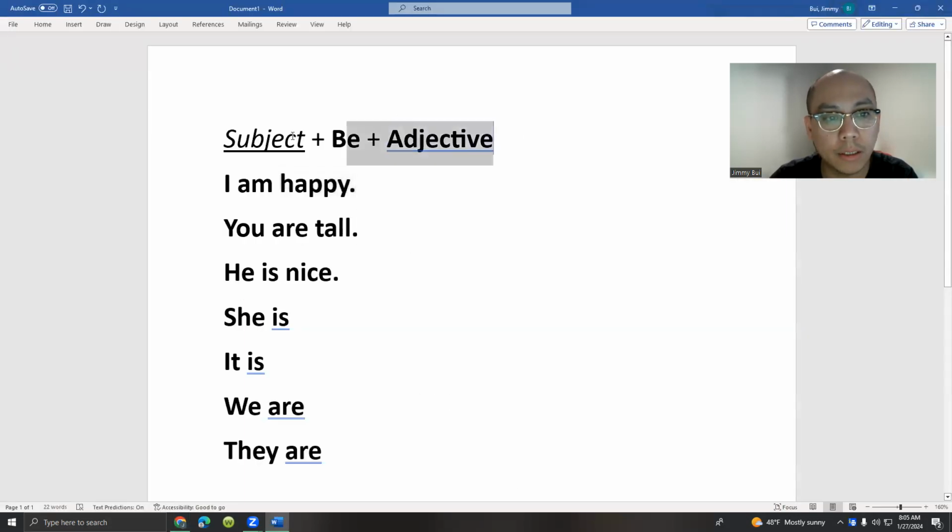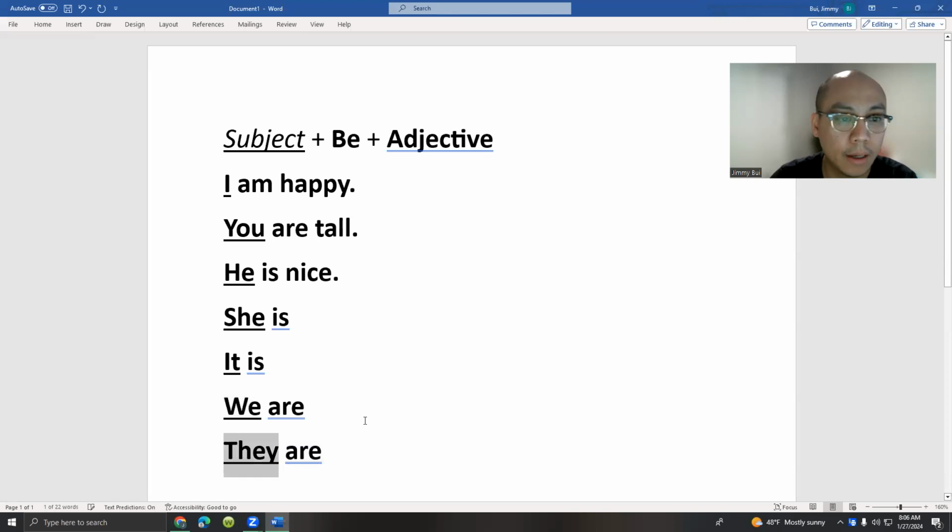Previously we talked about subject, be, noun. Nouns are person, place, thing, but an adjective gives information about those nouns. In this case, our subjects are I, you, he, she, it, we, they.